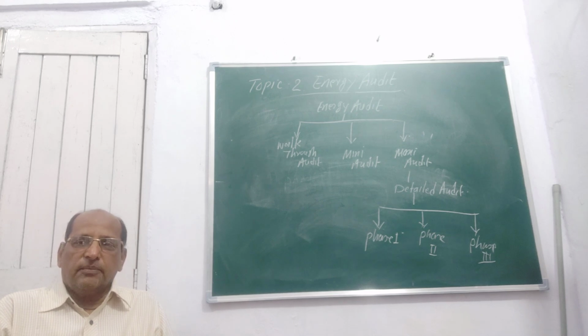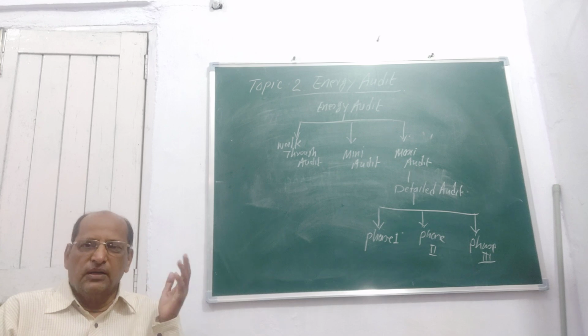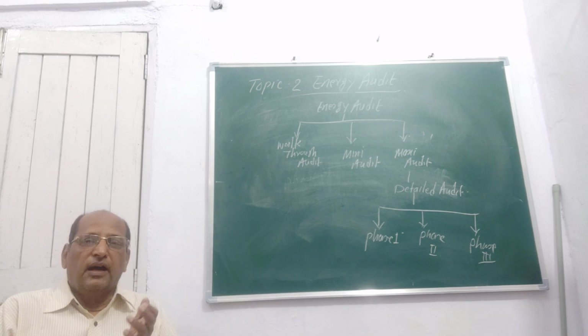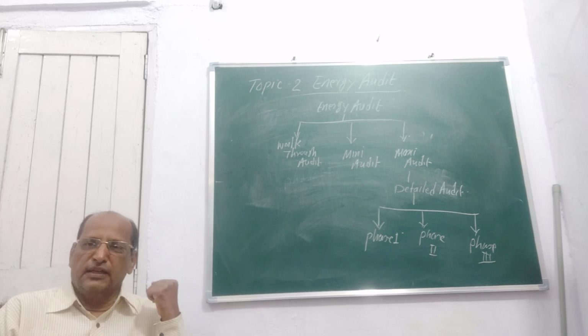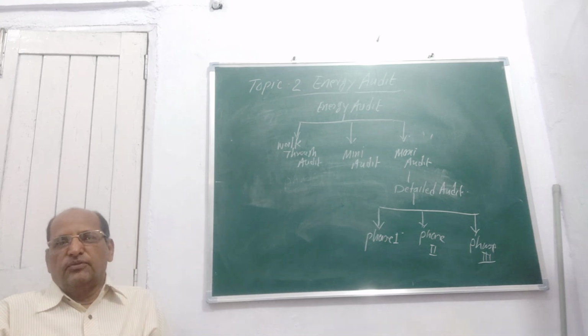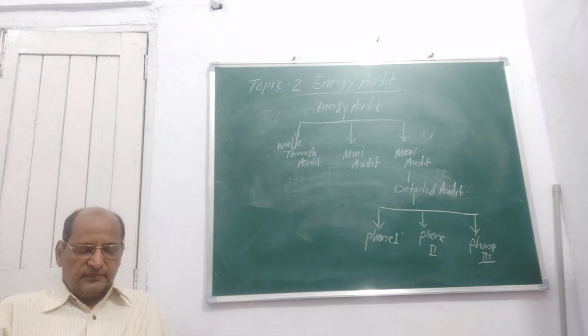So these are the basic things that you can understand by just a walk-through audit. Means you have to walk into the system and see the physical observation of all the points where energy is supplied from and where the energy is used. So this is the first fundamental of the walk-through audit, in which you have to physically see all these positions.